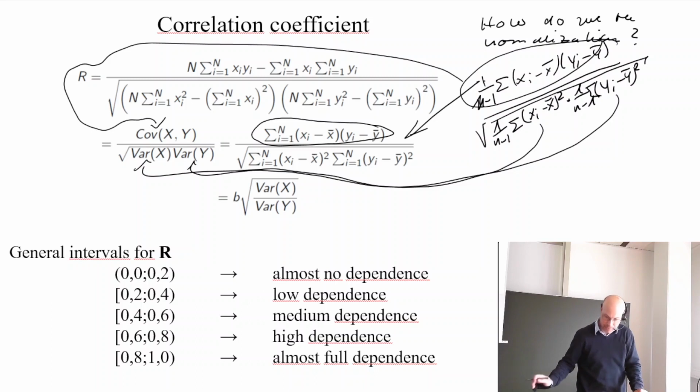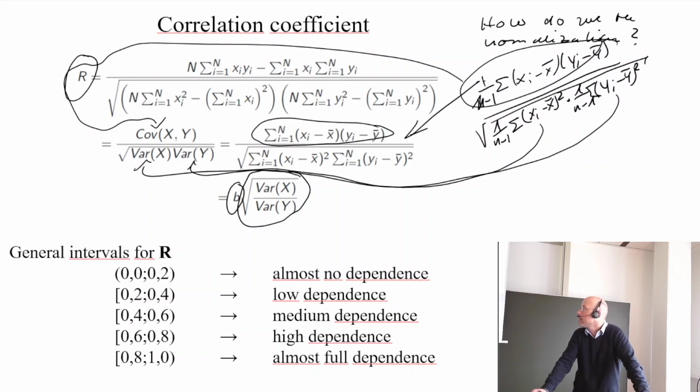This also means, when we take last week's lecture, that we can interpret our correlation coefficient R as the slope of our linear line times the proportion between the variances of both variables and taking the root.